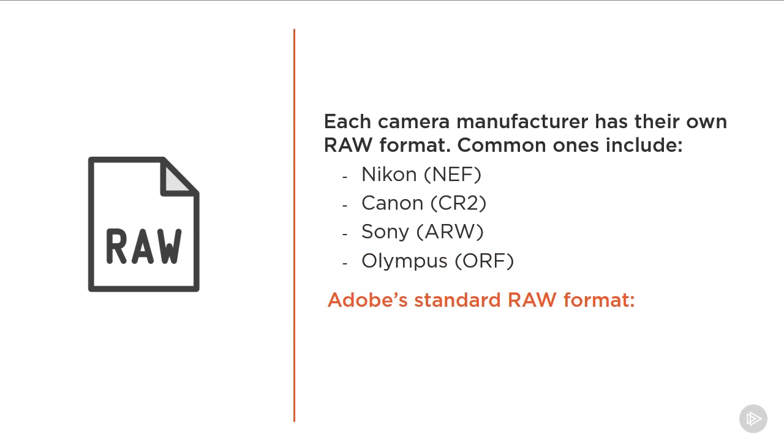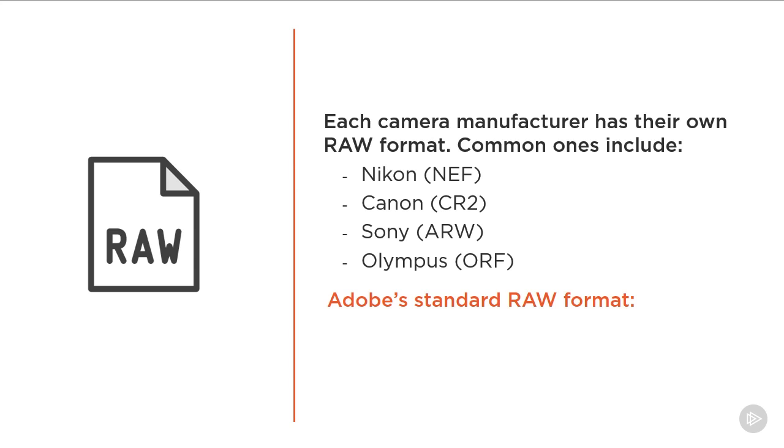Now, what Adobe did was essentially they said, we have all these different types of formats. Let's create one standard format that we can use in perpetuity or get the best amount of longevity from all these different types of file formats. So as a photographer, if you have multiple cameras, you're going to end up with a lot of different types of raw images.